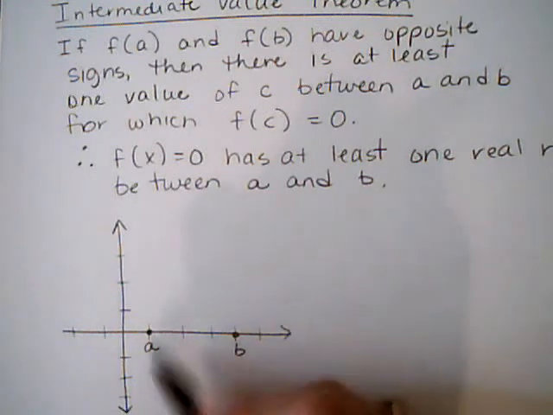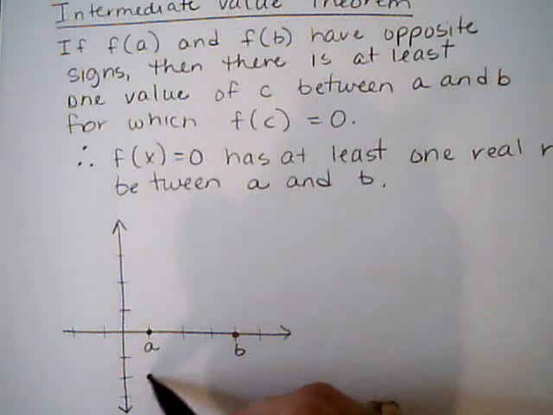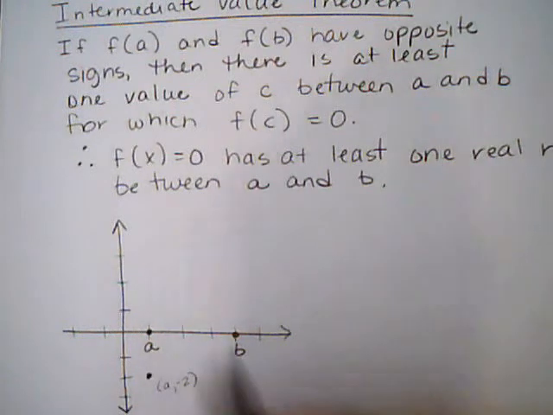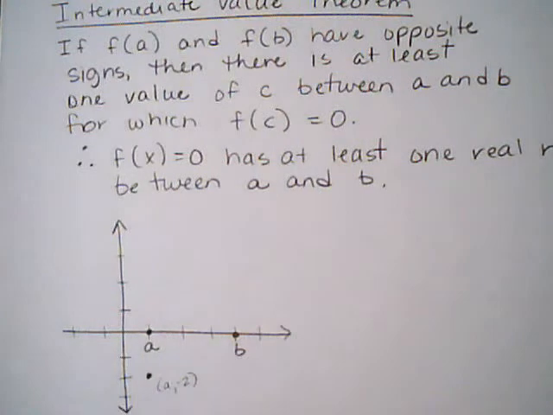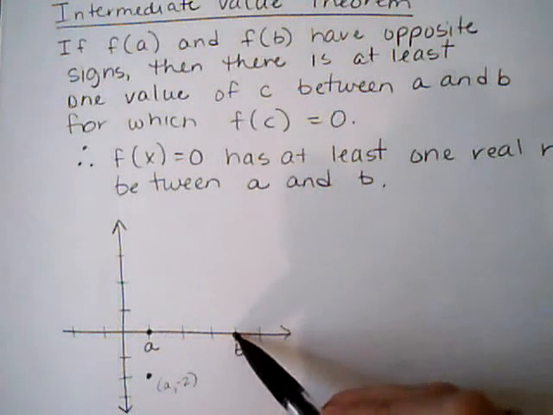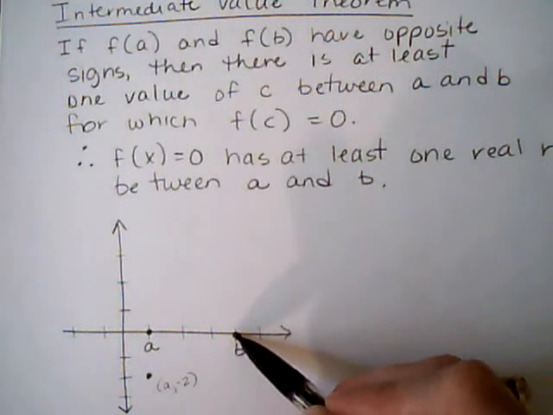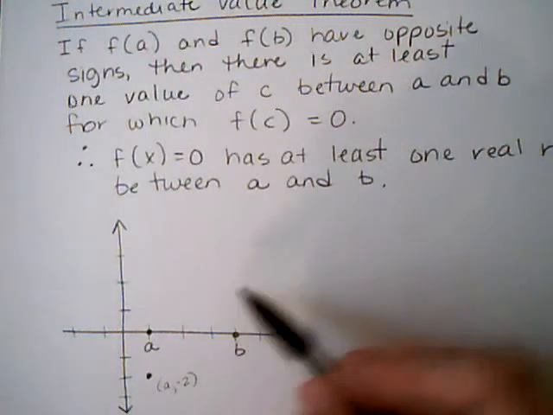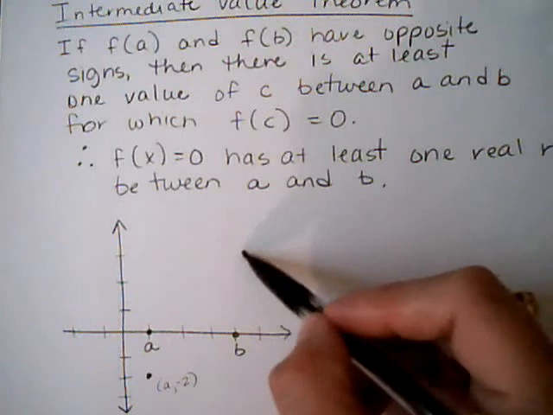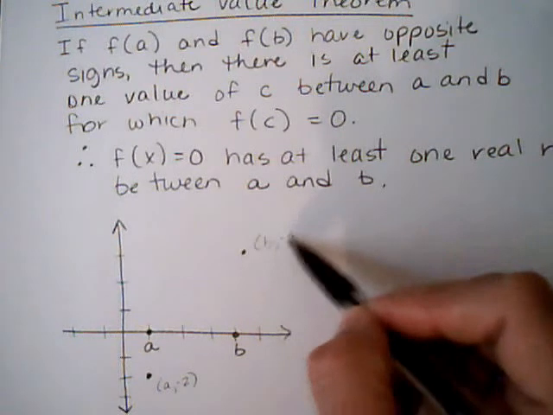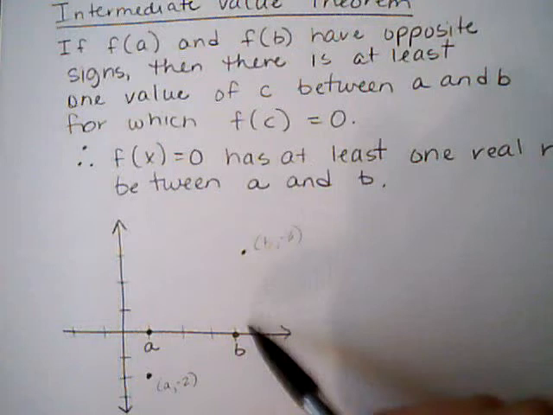Let's say if I plug a in, I'm going to get -2. So this point would be a, -2, or whatever that a value is. If I plug b in for the function, and I get an opposite sign, let's say I get +3, so I would have a point b, +3.